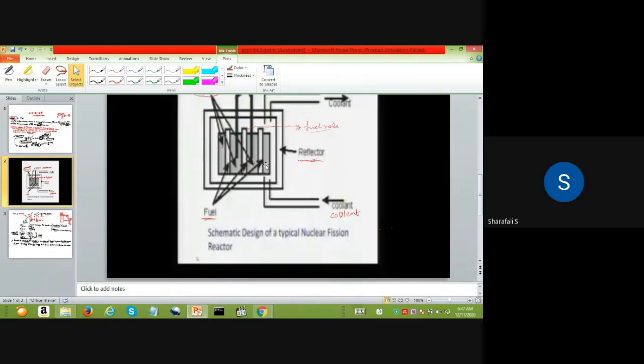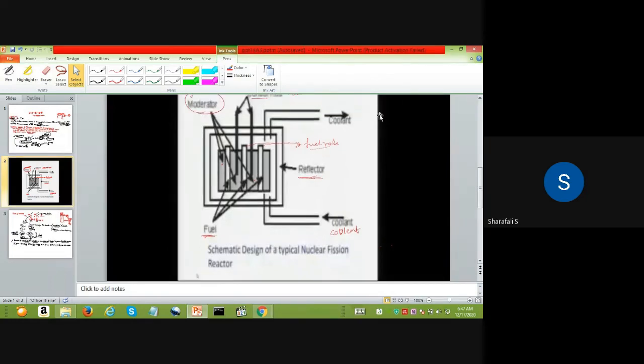So when you pump water here, it will get evaporated, and this very hot vapor will be passing through this pipe. Here it will be water, and when it reaches here, it will be evaporated into vapor form.